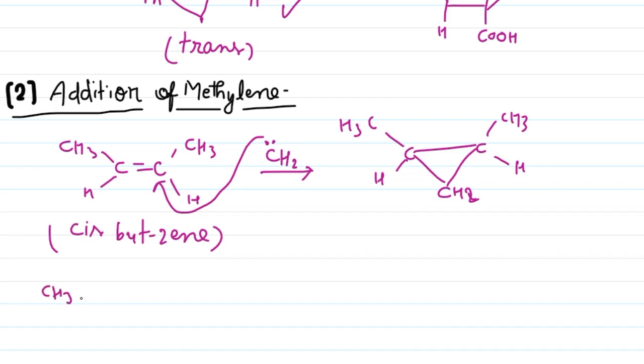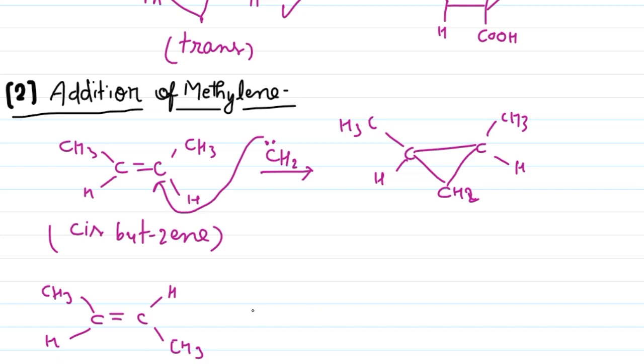Let's take a second example. CH3 single bond, hydrogen, carbon double bond with carbon, and here hydrogen is present, and CH3. This is trans-but-2-ene.